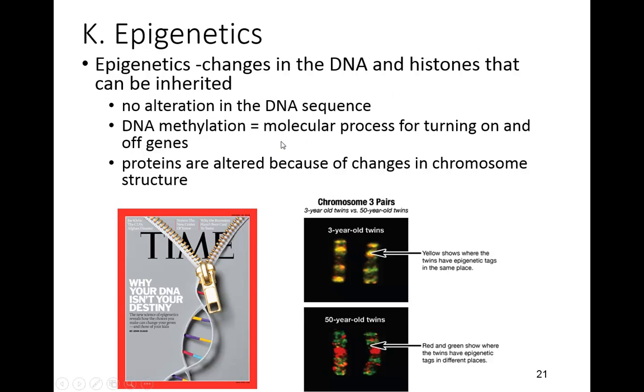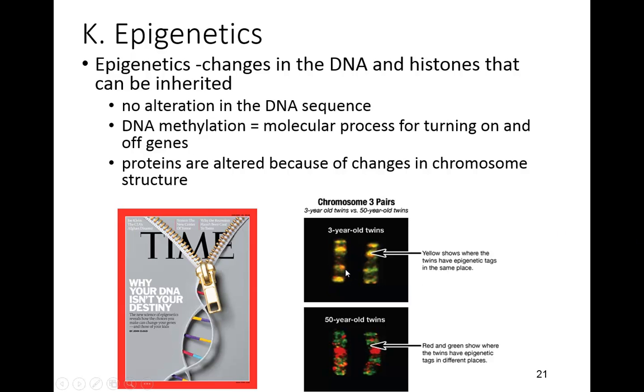And this is the idea that not everything's in the genes, but the proteins and the processes surrounding the genes can also affect the expression of DNA. DNA methylation is a process where different molecules are put on the DNA and they will turn off or on genes. And the DNA can also be changed based on these proteins that surround the chromosomes.